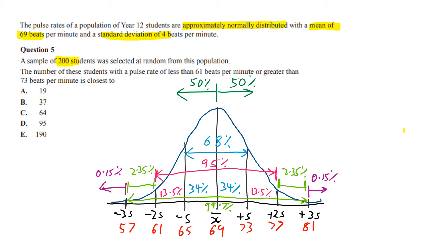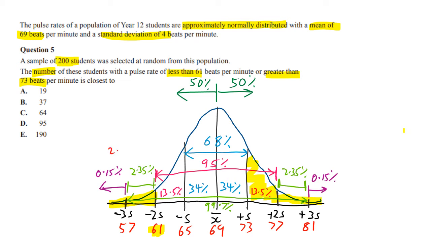So you're going to do that multiplying thing, and it's the number of students with a pulse rate less than 61 beats or greater than 73 beats. So less than 61, that's this area, and then it says or greater than 73, which is this area. So they've done it lovely asymmetrically for you.